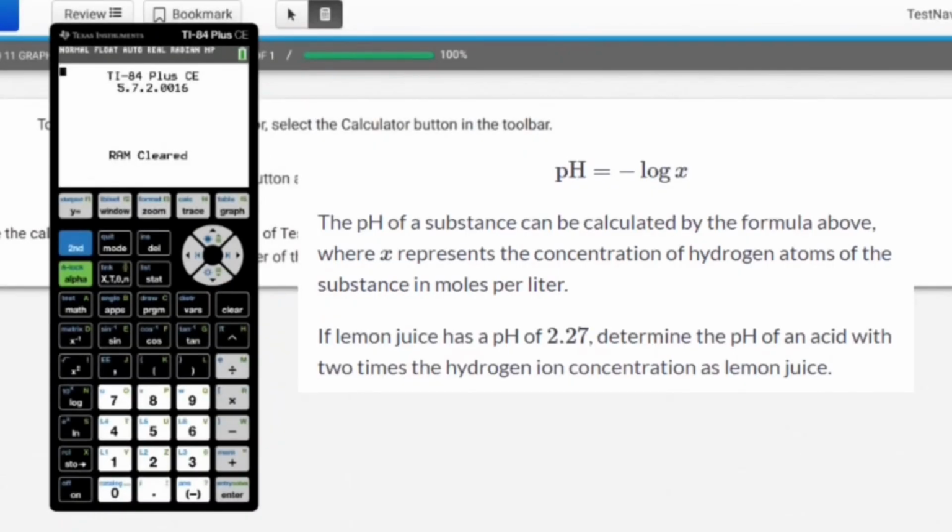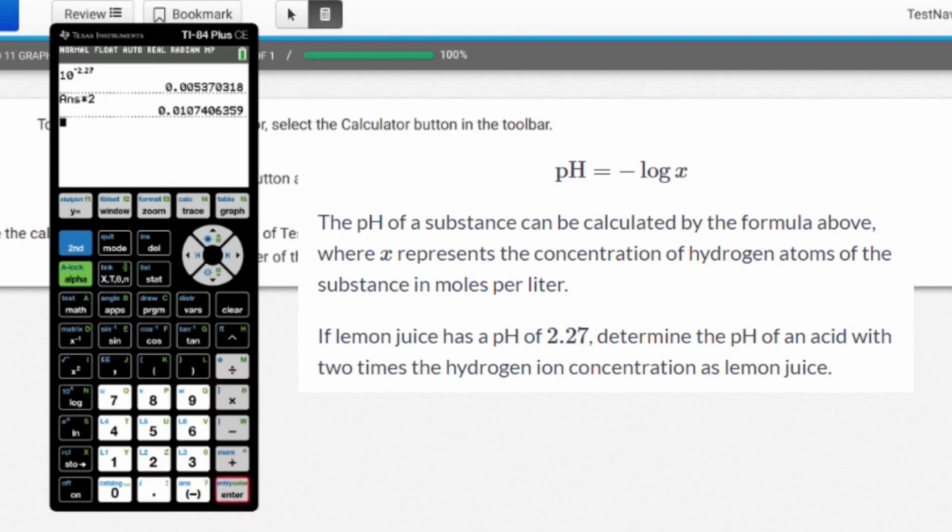Well, this is going to be a gross one. You ready? First thing we need to do is 10 to the negative 2.27. We need to double that, so times 2.